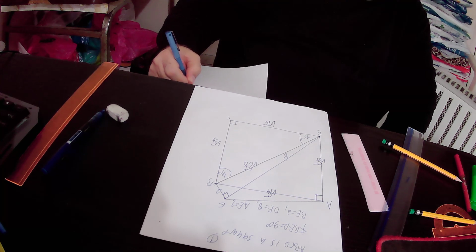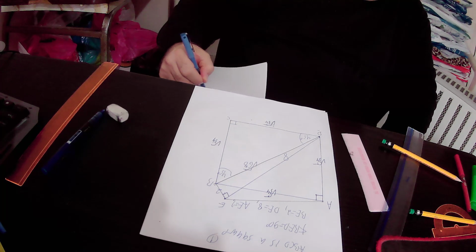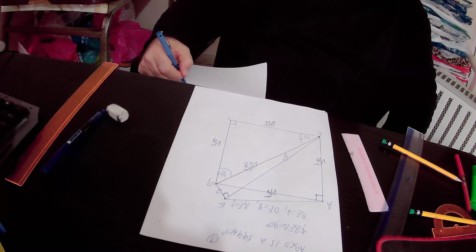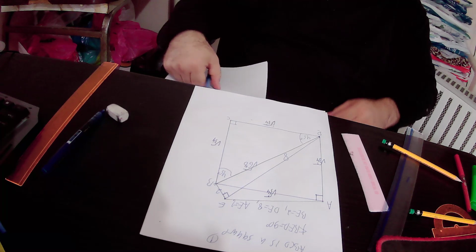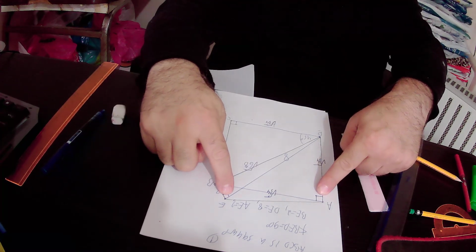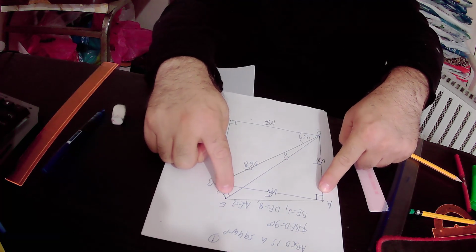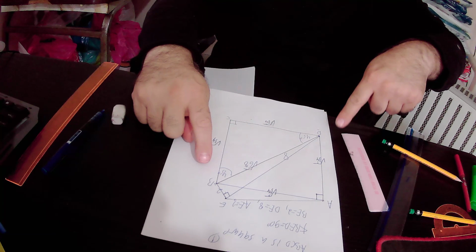subtends on line segment DB. So you can see from the drawing, those two angles are equal to 90 degrees, and they subtend on the same line segment DB.